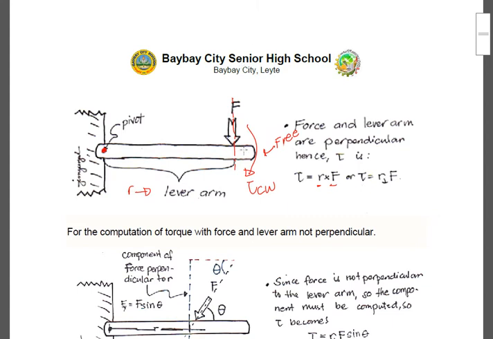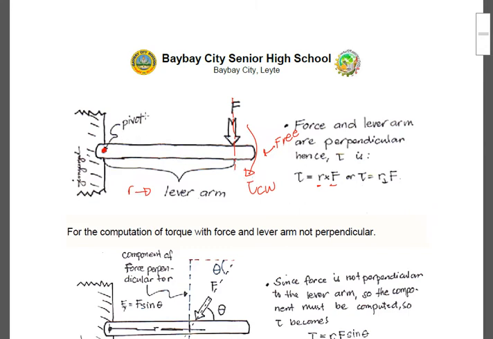Now, if this force is smaller, then of course it will rotate slower. But there is another factor in here, that is the lever arm.